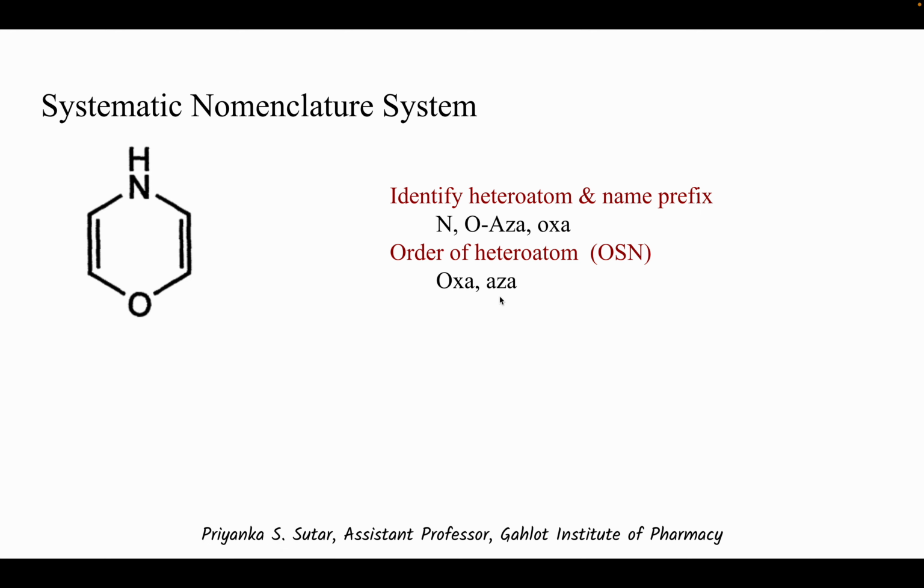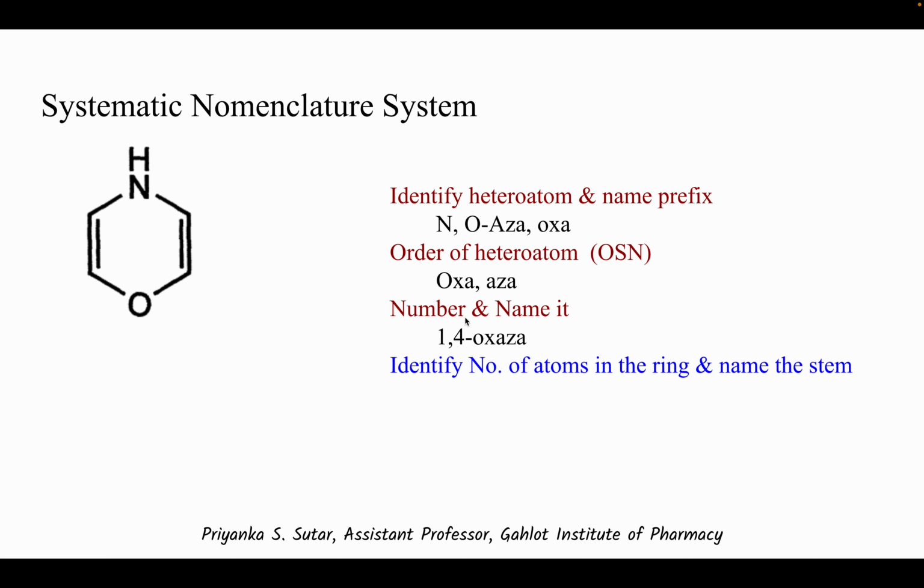So the order is oxygen, nitrogen: oxaza. Now you number it 1, 2, 3, 4. So the name of the prefix will be 1,4 oxaza, because there is a double A, so one A is dropped. Here you are done with the prefix.